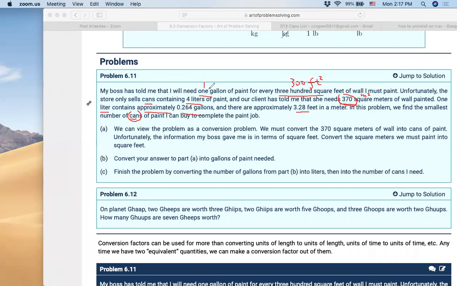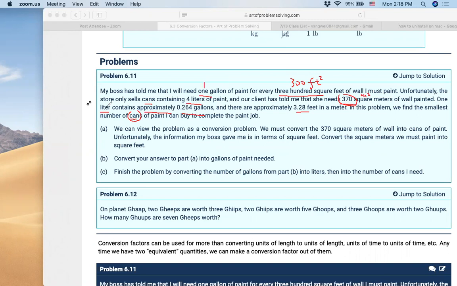Then each gallon you can convert to liters, because 1 liter equals 0.264 gallon. So you use your result divided by 0.264 gallon, then you get the number of liters.